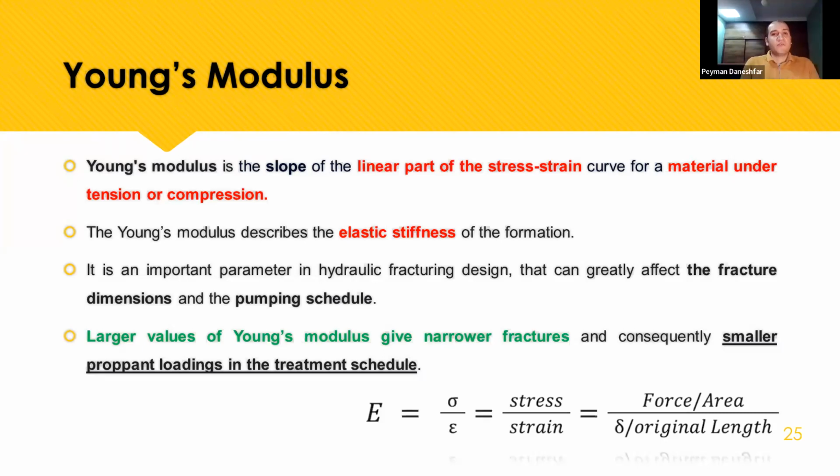It is an important parameter for hydraulic fracturing because we can find the fracture dimension and also the pumping schedule with it. A larger value of Young modulus will give us a narrower fracture and consequently a smaller proppant loading in the treating schedule. So as you can see here, the Young modulus equals the ratio of stress to strain.